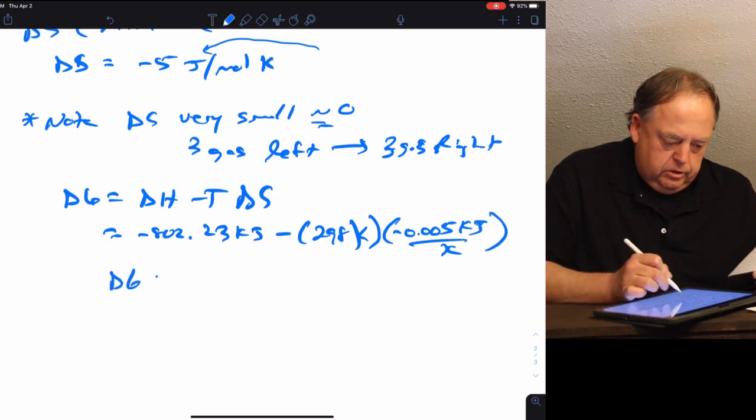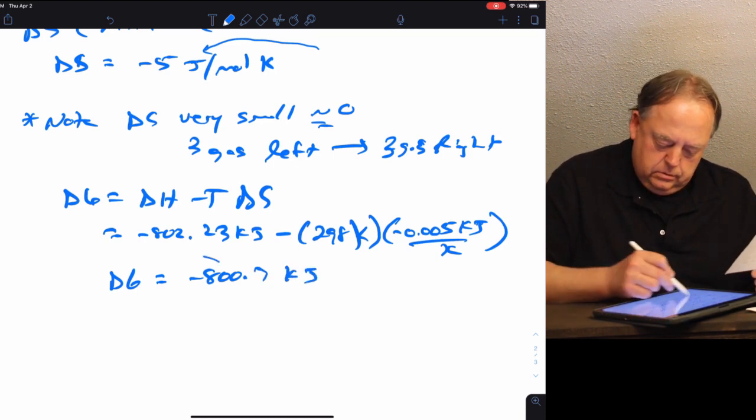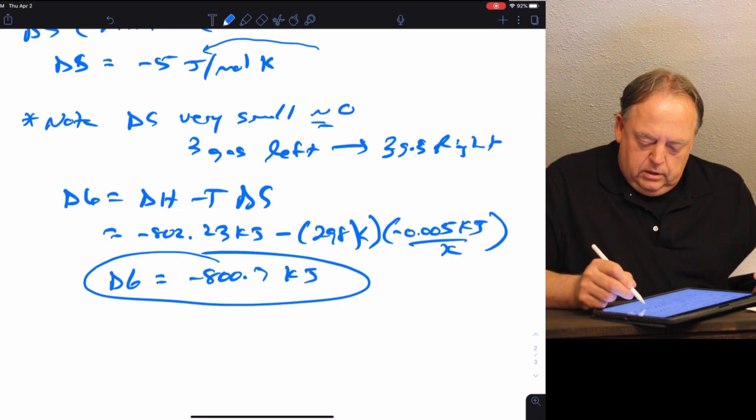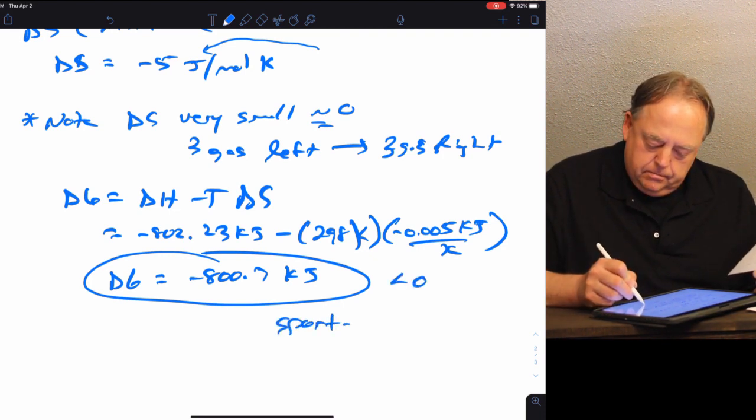So delta G is equal to negative 800.7 kilojoules, which is less than 0, so it's spontaneous.